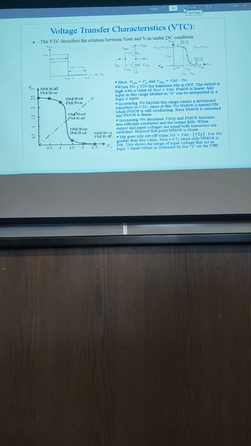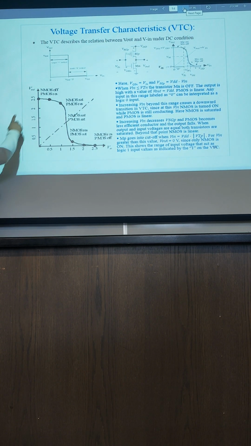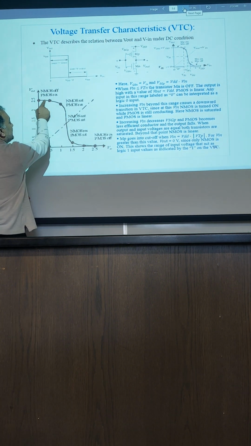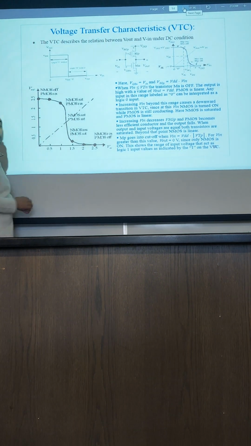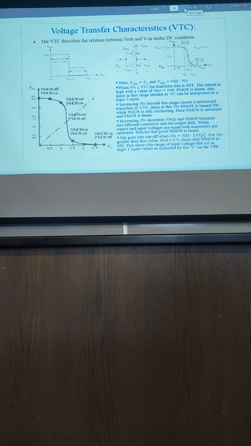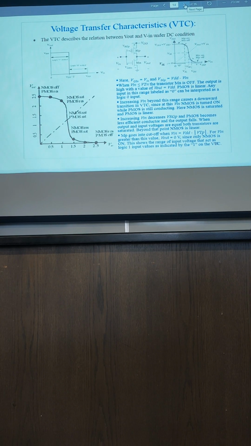So each of these points which limits the beginning or end of another region of operation has a name, has a huge significance or impact in inverter behavior, and we will talk about it.